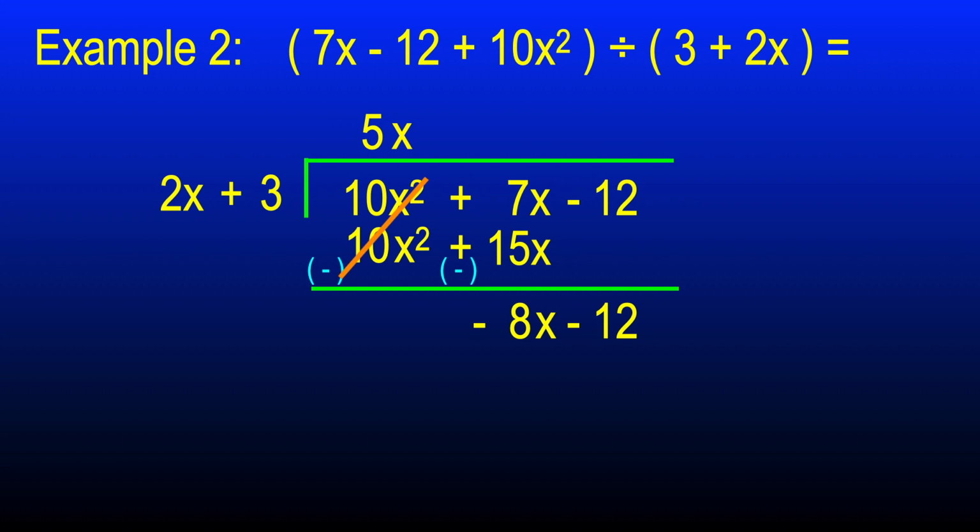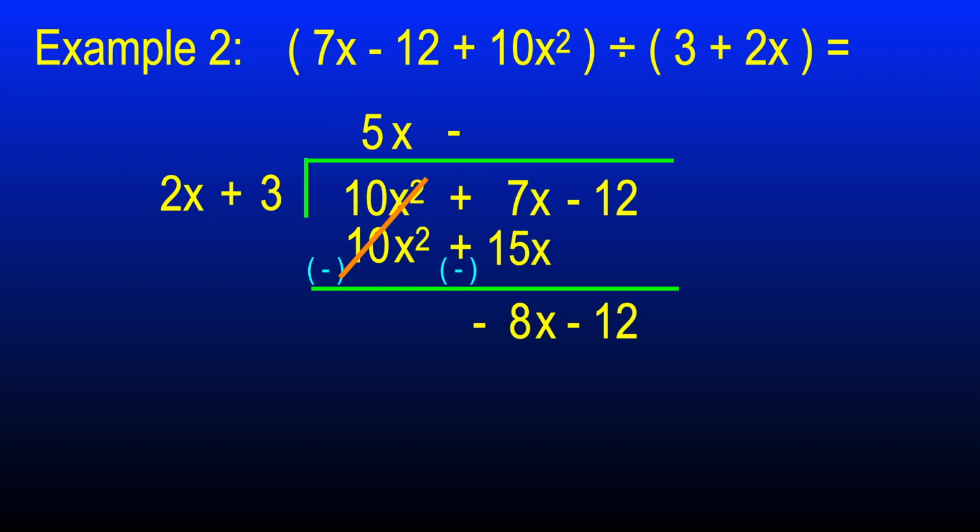Pagkatapos mag-bring down, divide na naman. Kasama yung signs. So, negative divided by positive. Yung 2x ang ipang-divide natin. Ang i-divide natin yung negative 8x. So, negative divided by positive is negative.